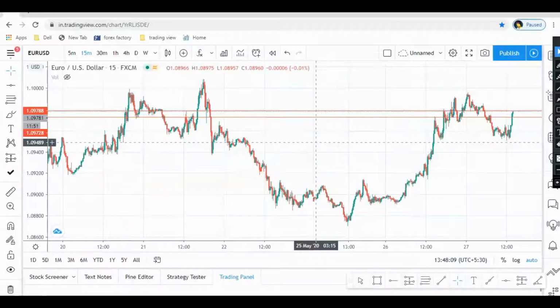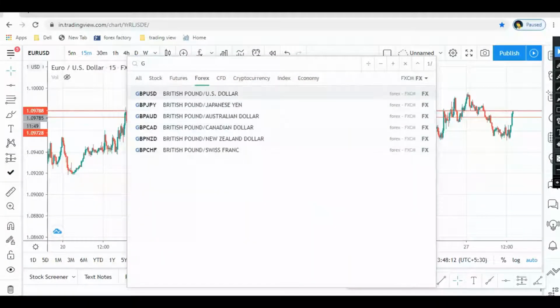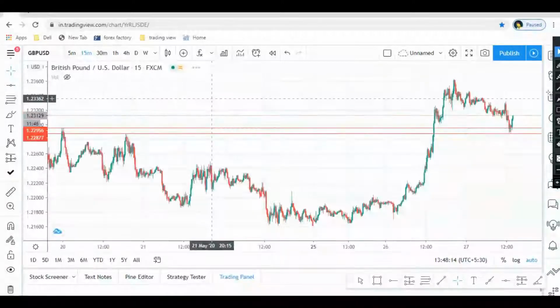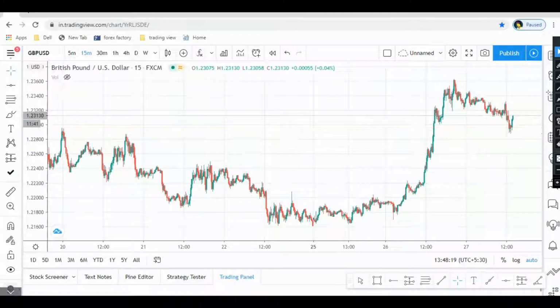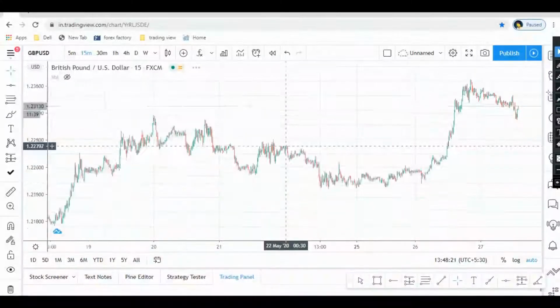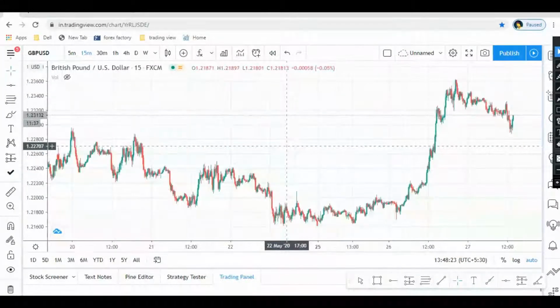Let's find out. We will go to the GBP pair. So I am on the GBP USD. I couldn't find anything. Okay, I couldn't find anything.